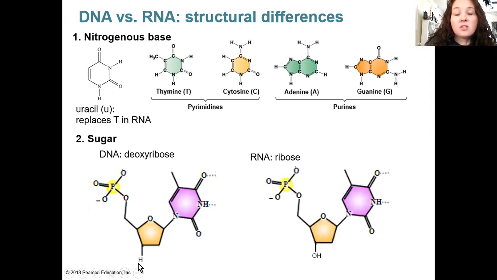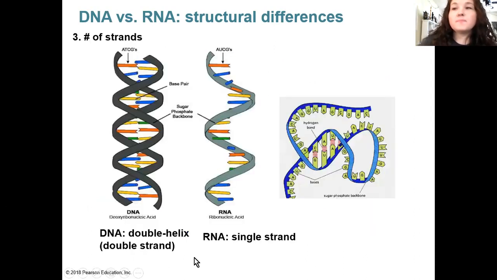And in RNA, the sugar is ribose. The difference is right here on the 3'. So in ribose, we have oxygen, hydrogen, and in DNA, we just have a hydrogen, deoxy, because deoxygenated. And the third difference is that a DNA molecule is a double helix, double-stranded, and an RNA molecule only has one side. It's a single strand.